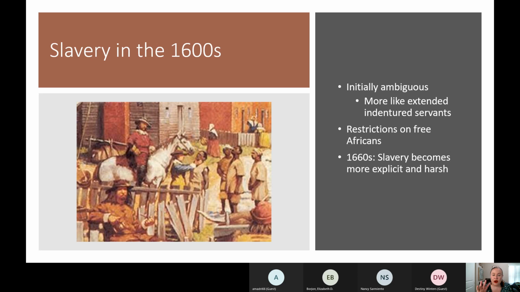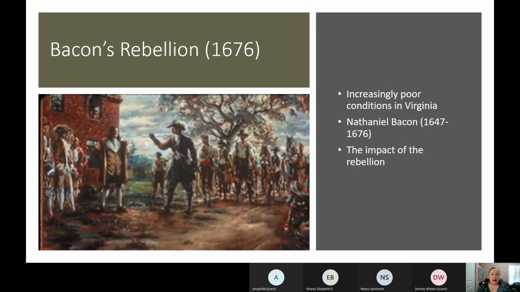All right, so starting in the 1660s, we're starting to see hardened rules, right? We're starting to see separation between English or white and African or black, okay? What really is the tipping point is going to be Bacon's Rebellion. I know this sounds like a bad case of food poisoning, but it is not.